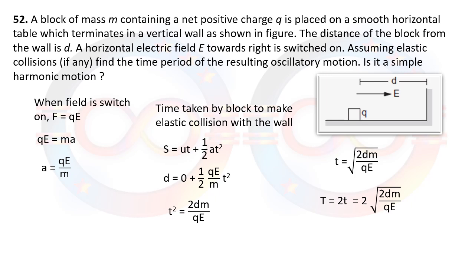So it does perform simple harmonic motion, having time period as time taken to complete one full oscillation, going time plus coming time. Going time we have calculated, t = under root 2dm upon QE. Total time or time period will be 2 into small t, that is 2 under root 2dm upon QE.